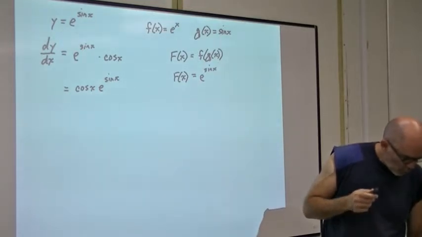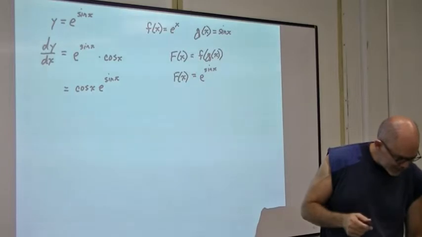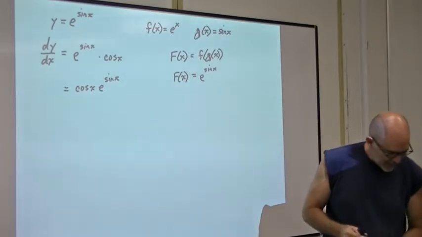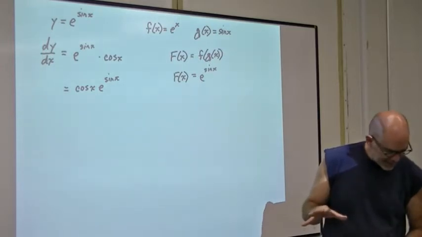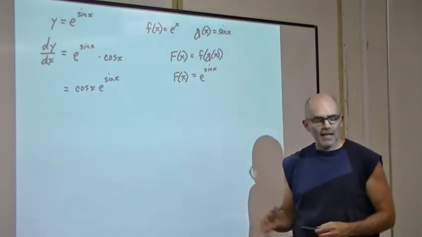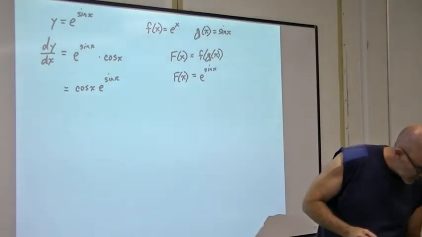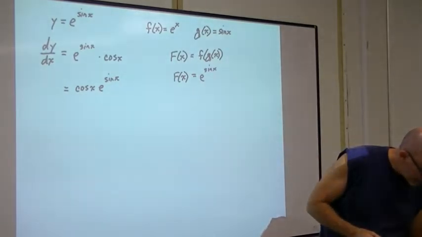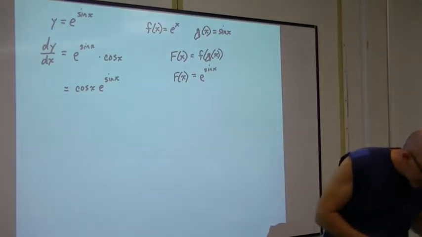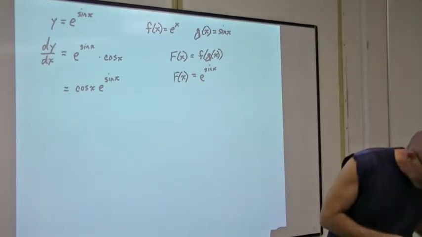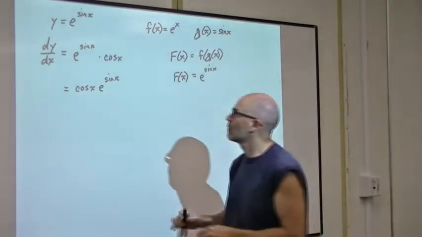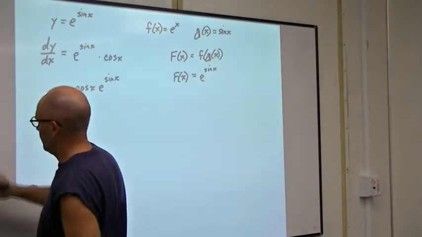Now we've got a new concept here, that the derivative of a to the x is a to the x natural log a. Let's just do this.